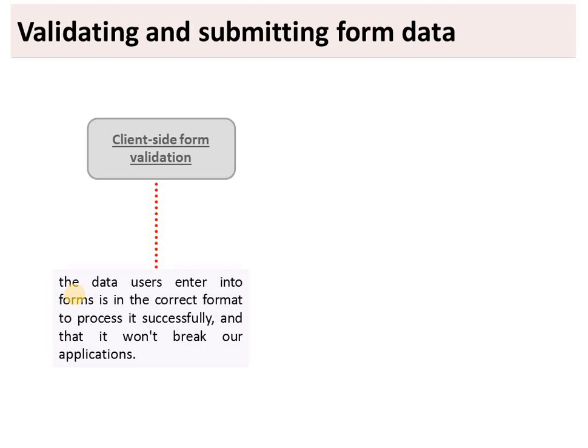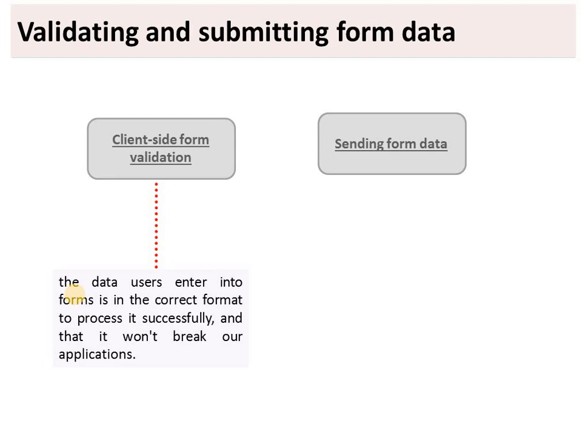Now, why is it important? Because if there is a number, then it should be a number, so that your application works in a fluent manner. Now there is another validation, that is sending form data. That means I have filled all the fields properly with proper format as specified.